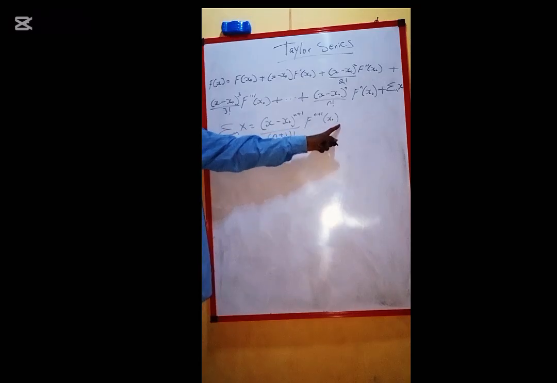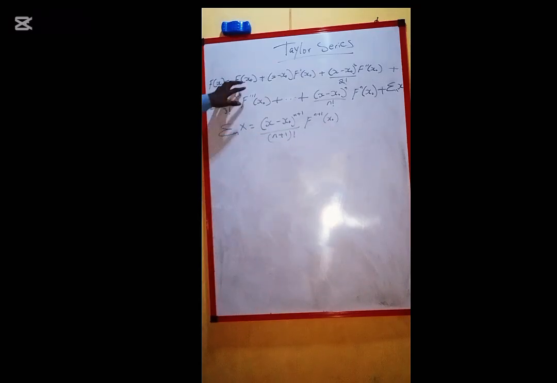This is the end of the formula. So for the Taylor series, you have f of x equals f of x naught plus x minus x naught times f prime of x naught, and so on. So this is the formula for the Taylor series.